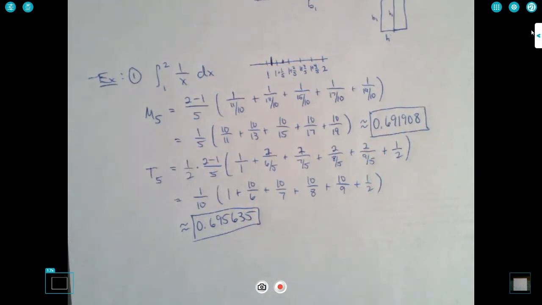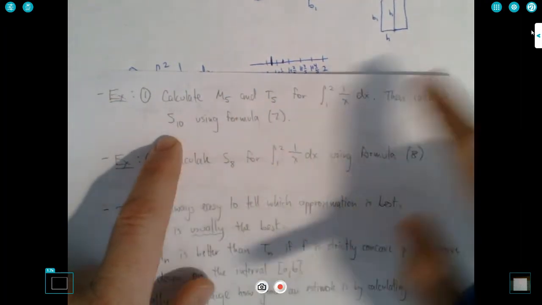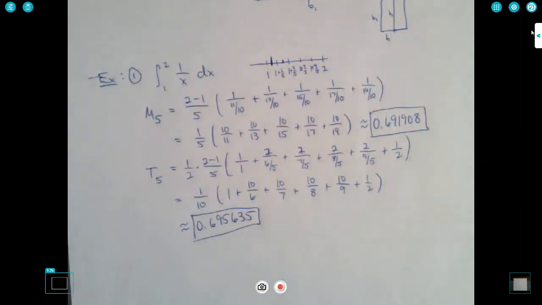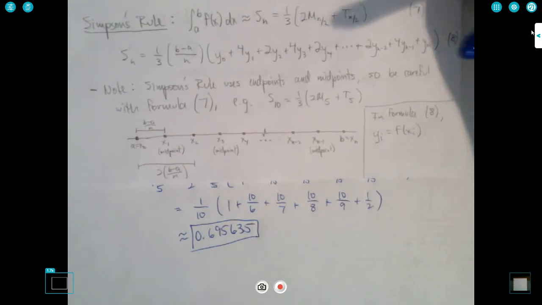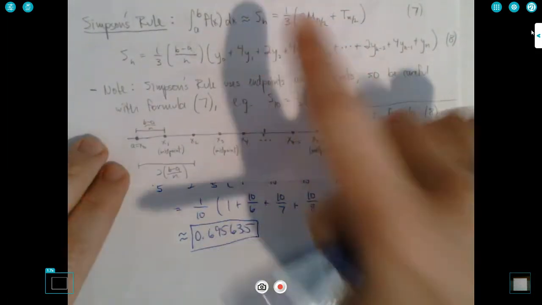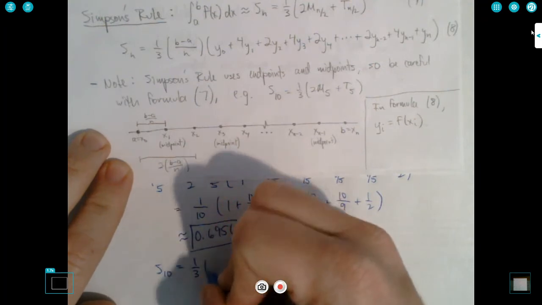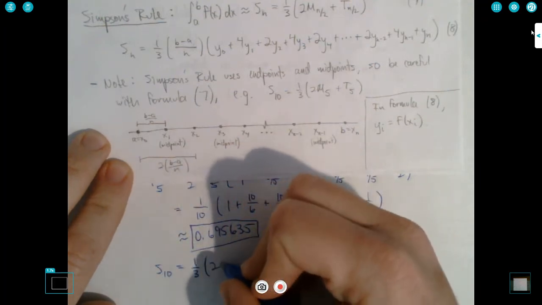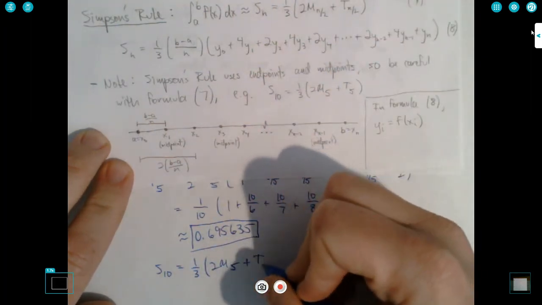Very good. Now, what else were we supposed to do in example 1? We were supposed to find M5 and T5 and then calculate S10 using Formula 7. Well, Formula 7 says that S10 should be 1/3 times 2 times M5, right, plus T5.